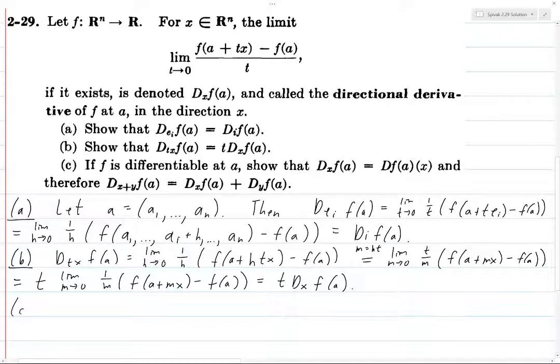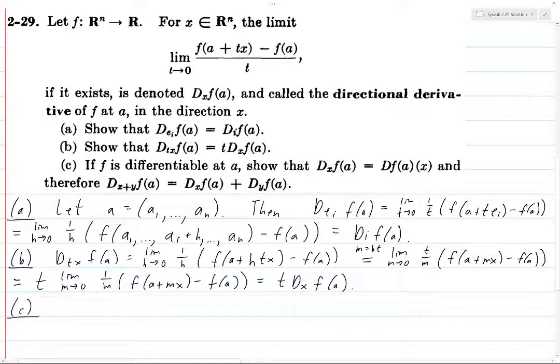Alright, so now let's do part C. So we want to show that taking the derivative in the x direction of f at a is the same as taking the derivative of f at a and evaluating it at x, which sort of makes sense if you think about it.